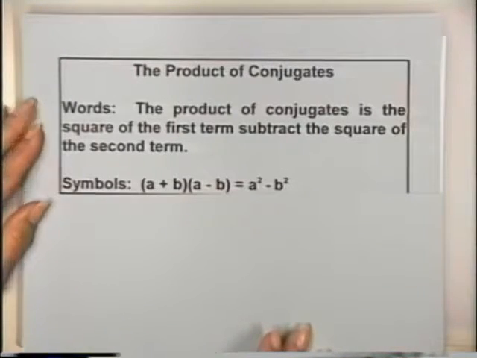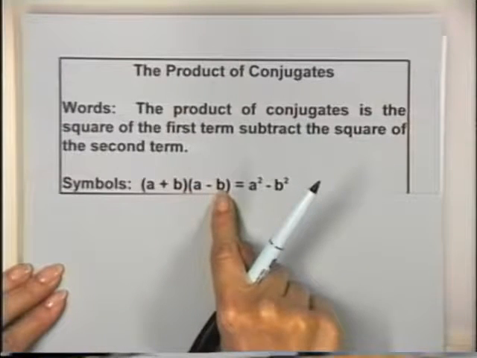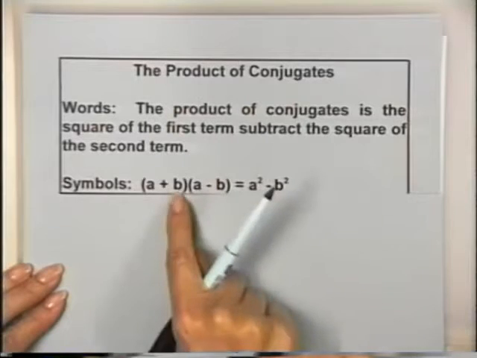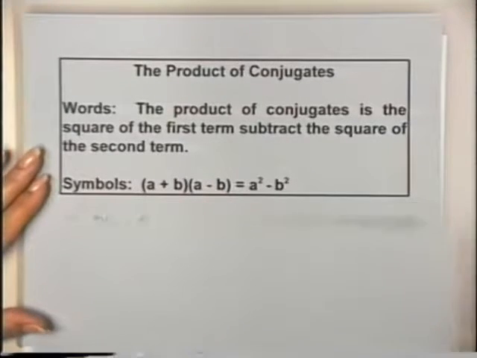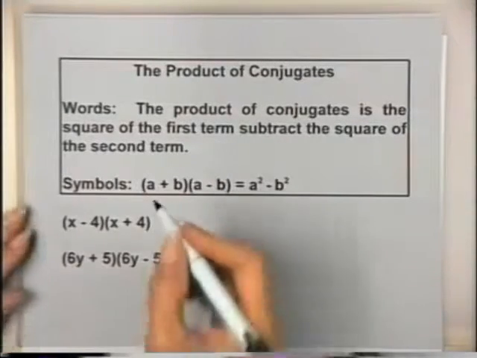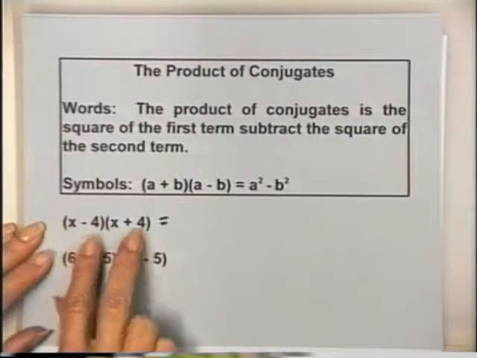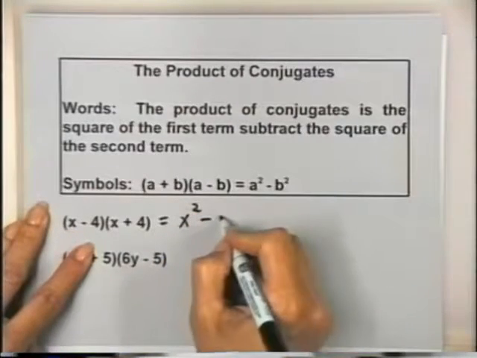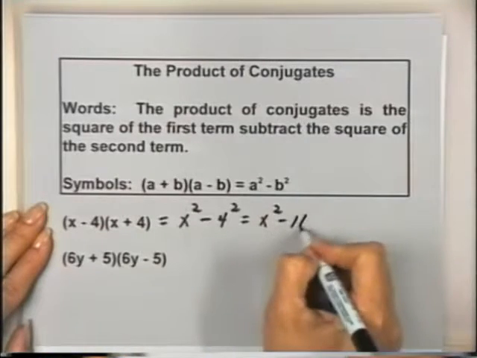In symbols, if we want to multiply a plus b times a minus b, we will square the a, subtract the b squared. Now let's rework those two problems, not using FOIL, but using the shortcuts. The shortcut would tell us, since we are multiplying binomial conjugates, that we will square the x, subtract the 4 squared, which would be x squared subtract 16.